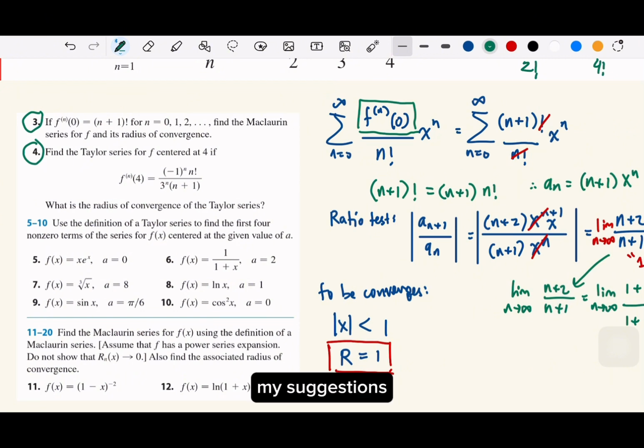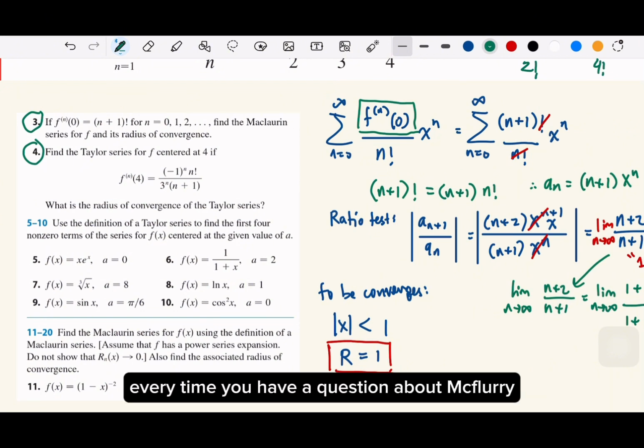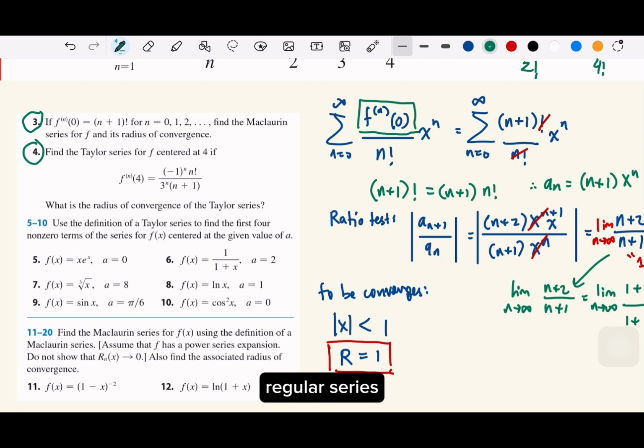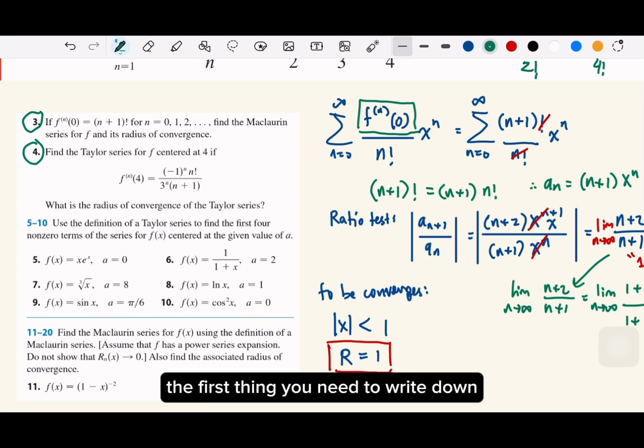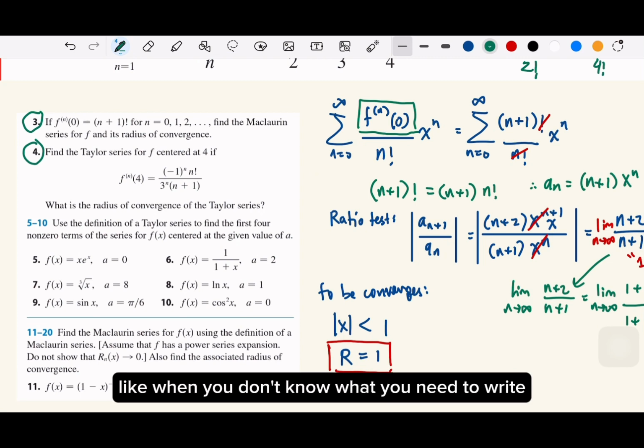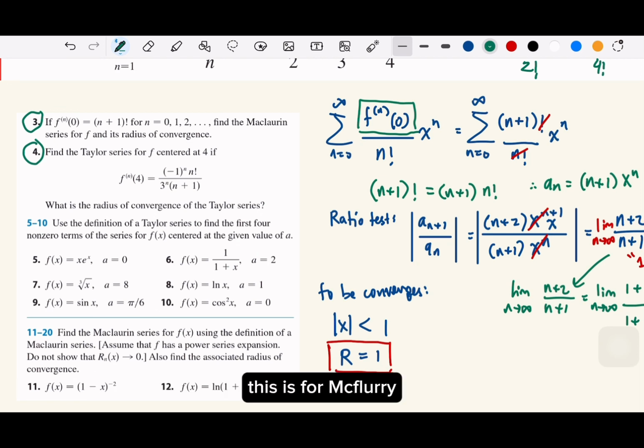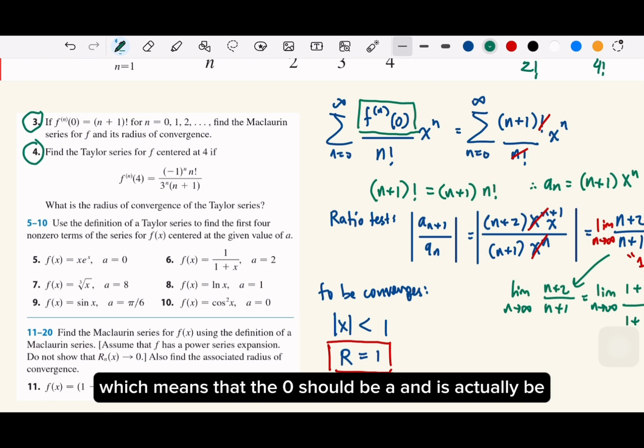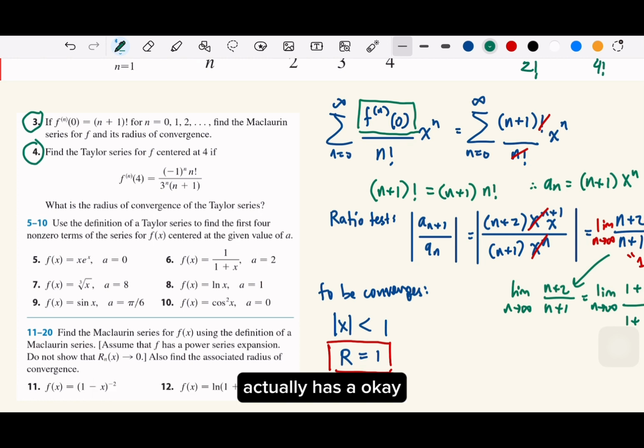My suggestion: every time you have a question about Maclaurin or Taylor series, the first thing to write down, when you don't know what to write, is the original setup. This is for Maclaurin. How about the Taylor? The Taylor is the original one, which means that the 0 should be a, and this x should be x minus a.